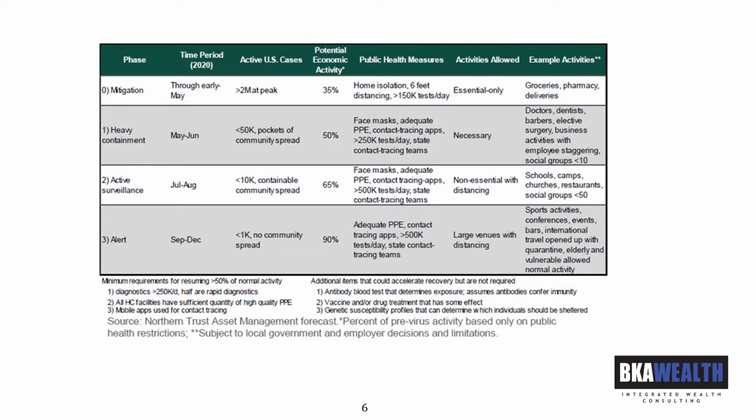And scrolling across the headers, you can see the time periods. We know that we're in mitigation right now, and we're transitioning to this heavy containment. Active U.S. cases. We don't have 2 million active cases, but I think we're beginning to see some light at the end of the tunnel, at least on this first go around with COVID-19.